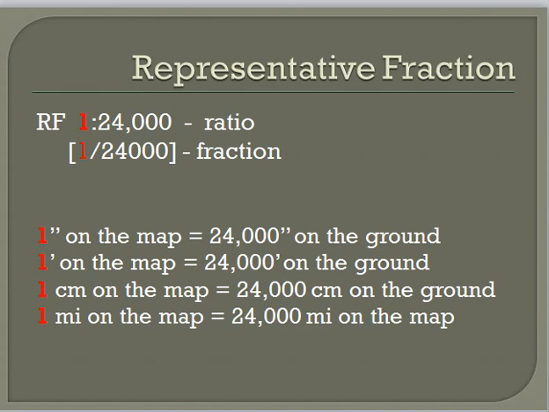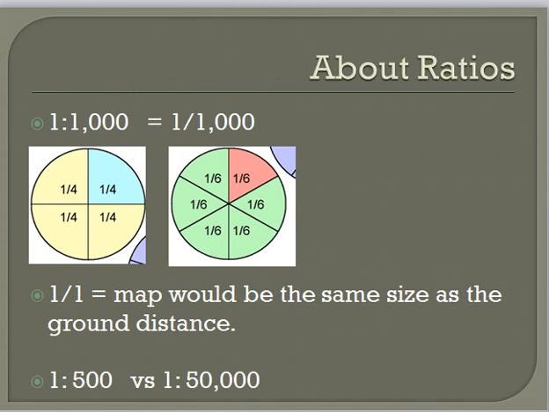So another way people talk about it is the reduction, which is 24,000 to 1 in this example. When we express that ratio as a fraction, you're talking about the numerator, the map distance, with respect to the denominator, the ground distance.